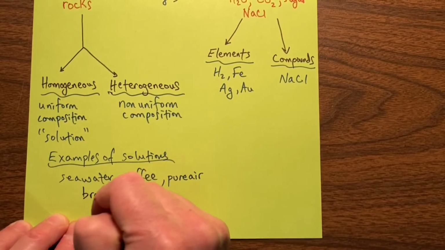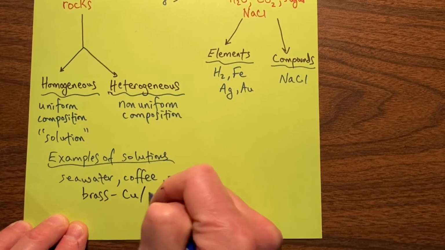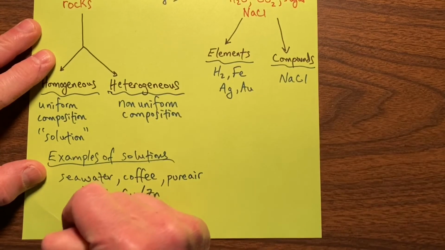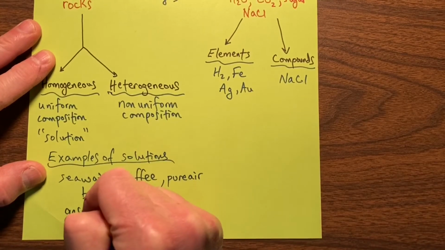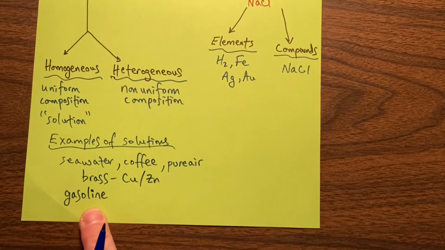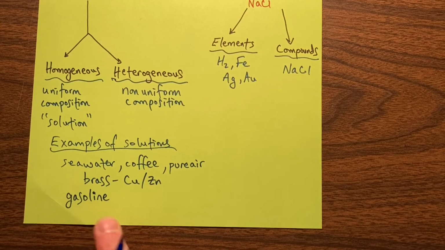Brass, which is an alloy of copper and zinc, believe it or not, that's classified as a solution. Solutions don't always have to be liquid, they can be solids mixed together. Gasoline is a homogeneous mixture. It has a bluish tinge to it, but that's a mixture of many different types of carbon-containing compounds.